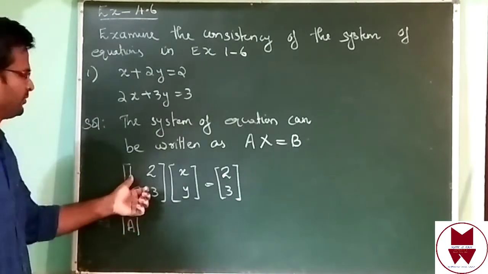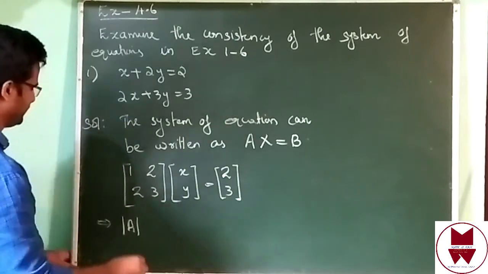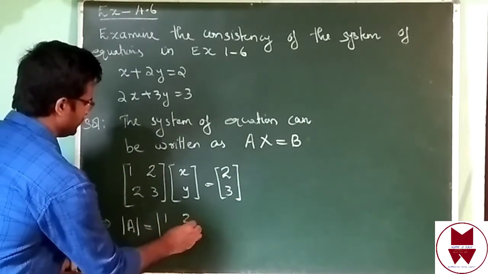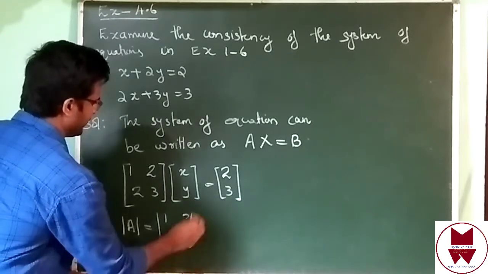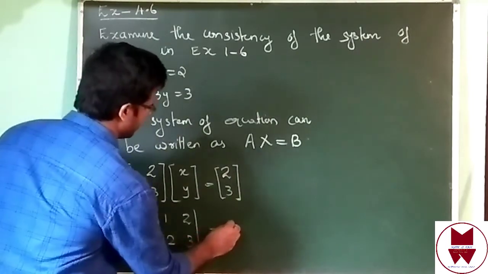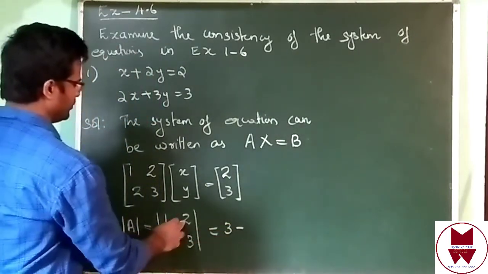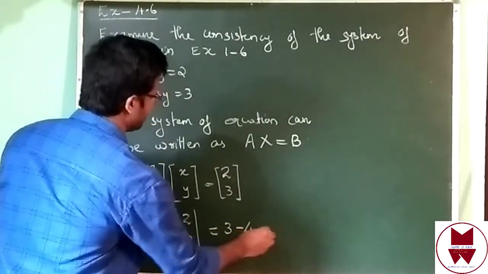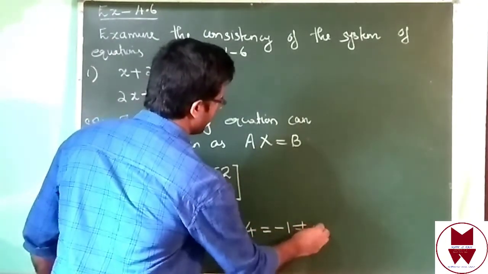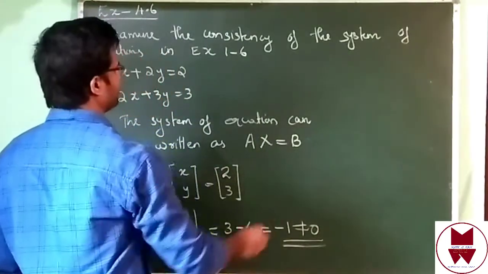What is A? This first matrix is A, isn't it? Then determinant of A equal to determinant of 1, 2, 2, 3, equal to 1 into 3, 3, minus 2 into 2, 4, equal to 3 minus 4, which is minus 1. Minus 1 is not equal to 0, isn't it?